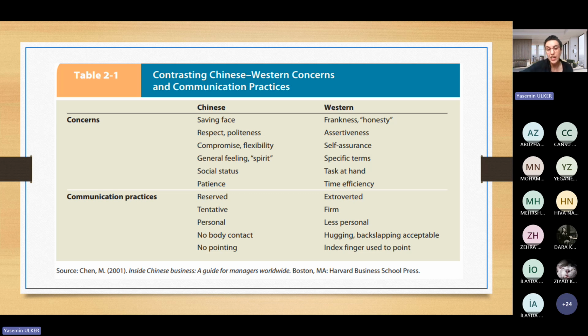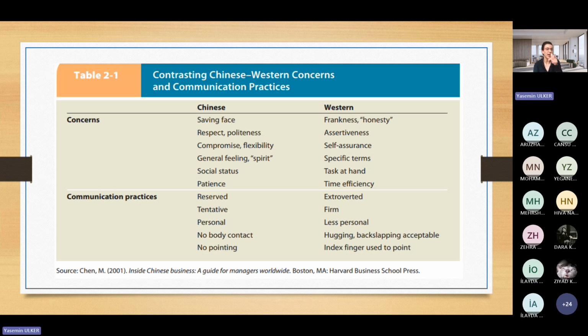For example, this is the Chinese versus Western cultures differences in communication practices, especially for working life. So, concern: Chinese saving face. What is saving face, by the way? Do you know this word? It's like being in control of yourself, maybe. Controlling your mimics or something. Close, very close.